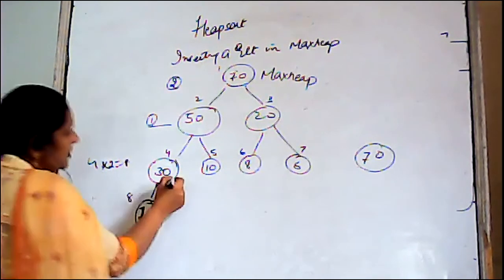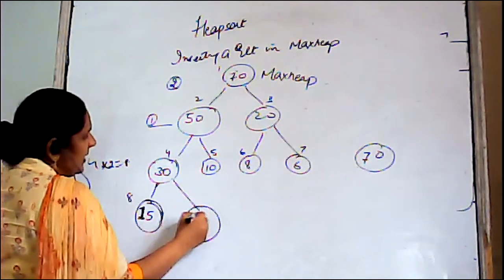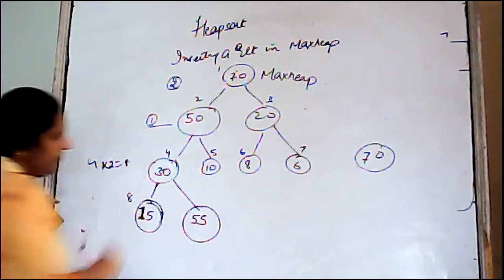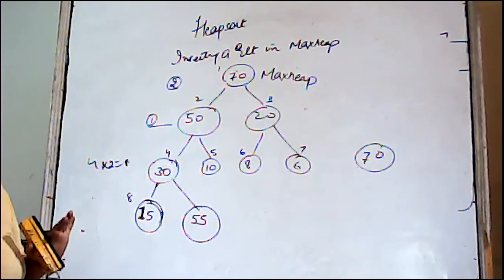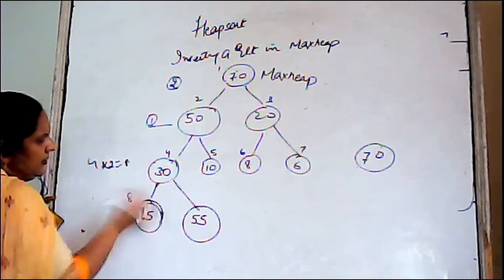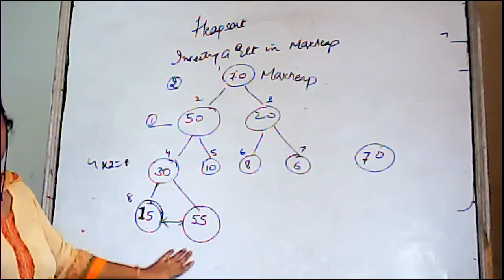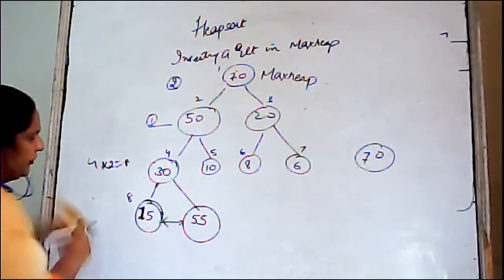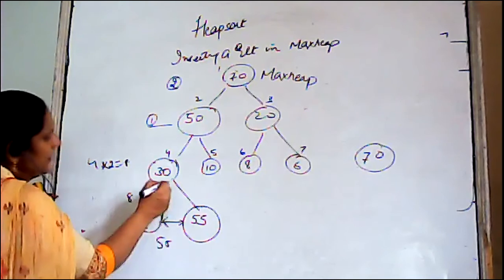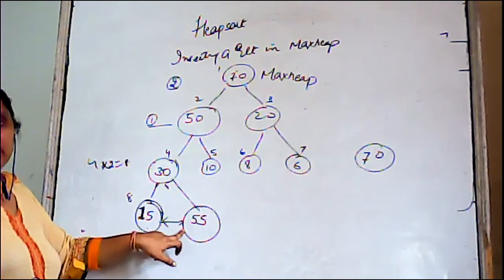Fine. Now supposing there is one more element. Let us take it as 55, on the right hand side. Now see, 15 is smaller, 55 is bigger. You compare both of these children first, 15 and 55. Which is greater? 55 is greater than its parent node, that is 30.